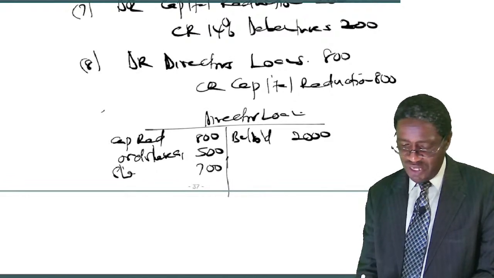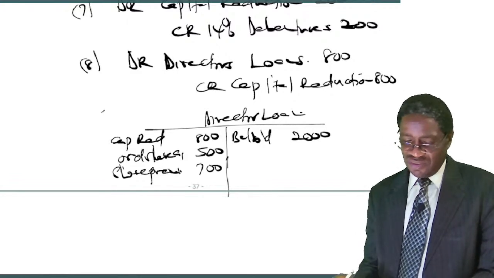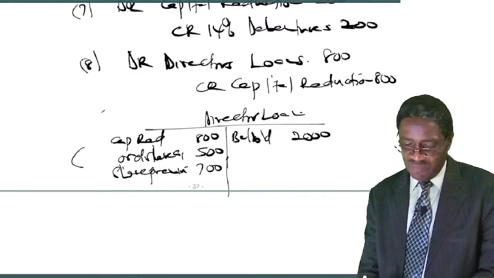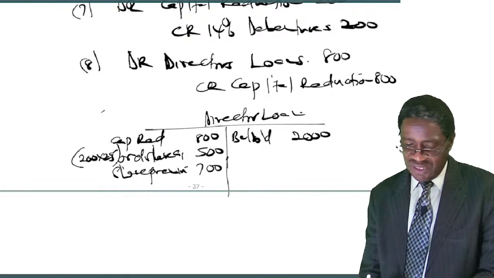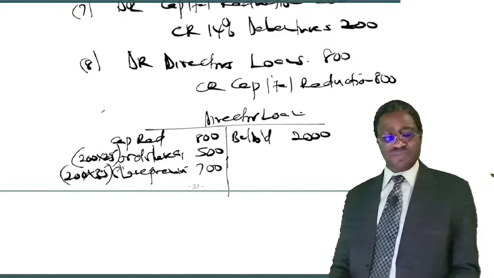That is share premium. Maybe you can put it this way. 200 times 2.5. 200 times 3.5. Just to remind you how we are getting the premium.